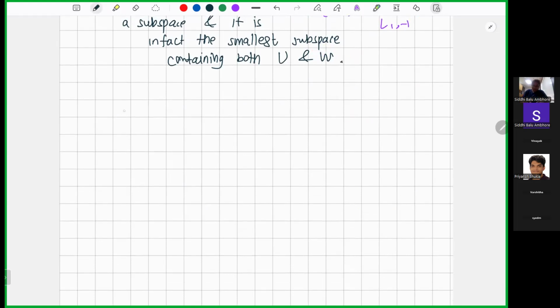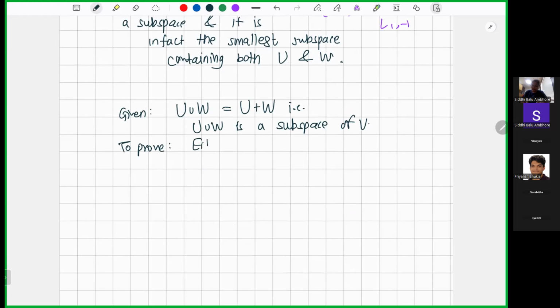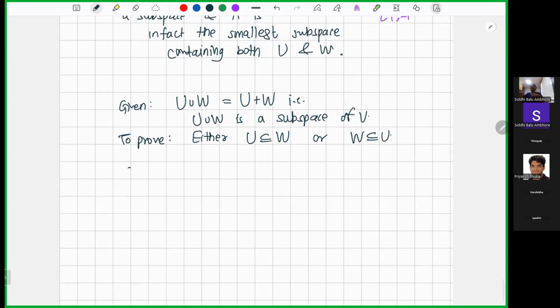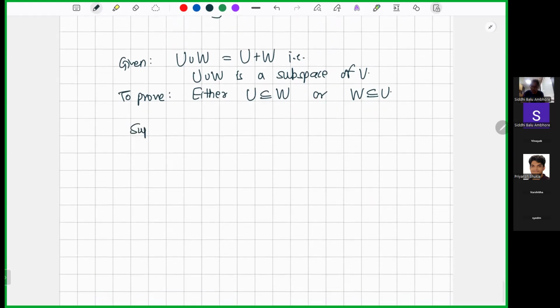Okay, so given that U union W is equal to U plus W, that is, U union W is a subspace of V. Now we have to prove that either U is contained in W or W is contained in U. So again, we will use the same method which we used in our earlier question. Suppose both these conditions are not satisfied.